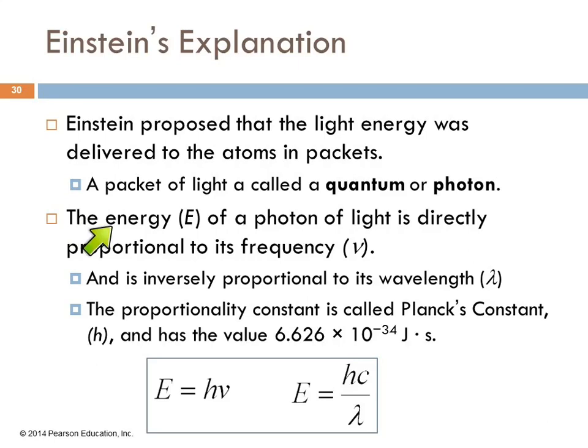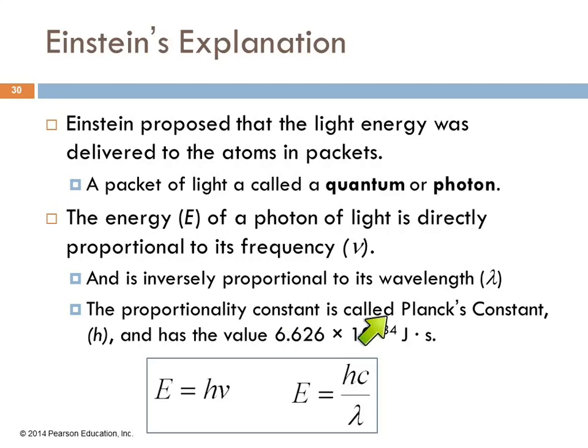The energy of a photon is directly proportional to its frequency. That makes it inversely proportional to its wavelength. So the energy is proportional to the frequency. This h is a proportionality constant. It's called Planck's constant, after Max Planck, who worked on this as well.